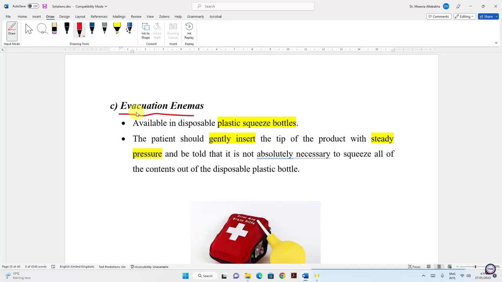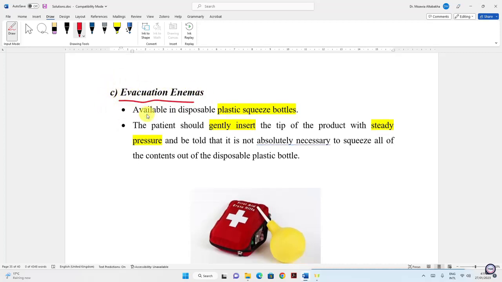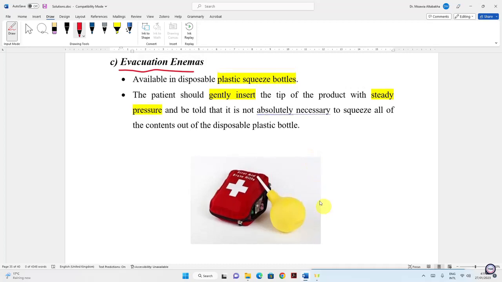Okay, in this case, a larger volume, maybe more than 100 ml, is applied. But how is it applied? You have a plastic squeeze bottle, and in that plastic squeeze bottle you have a solution containing a buffering agent and other materials that are squeezed into the rectum.